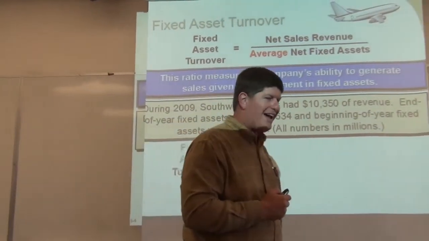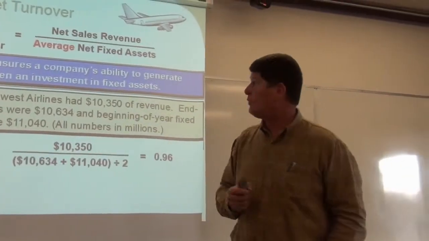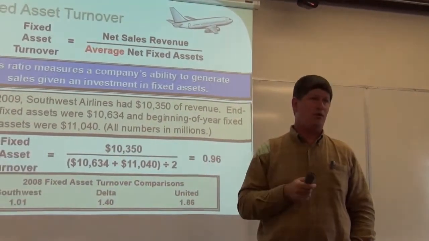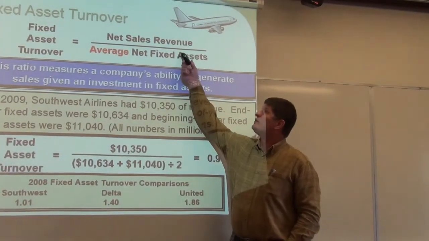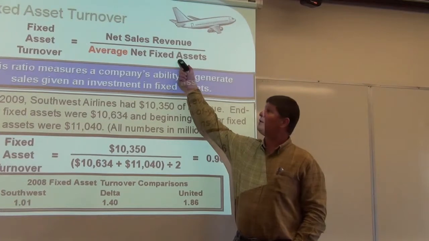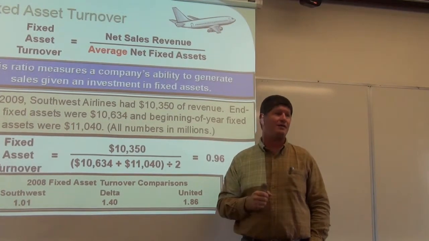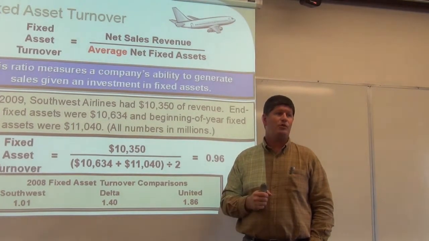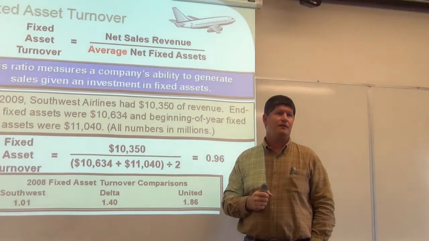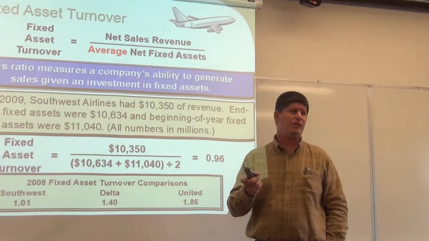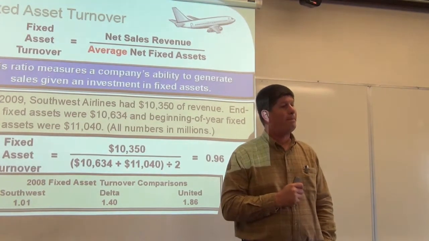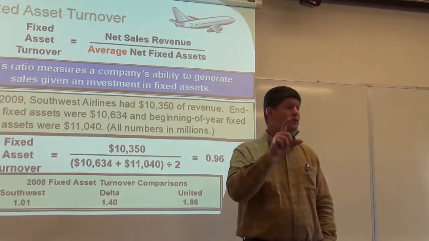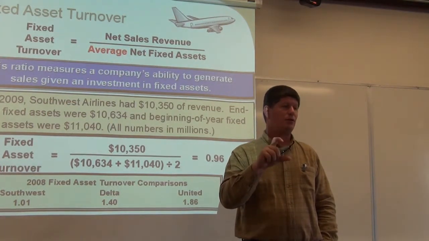So, one of the analytical ratios that I want to focus on, fixed asset turnover, net sales, not gross sales, divided by the average fixed assets. Remember, just like we had average inventory before, beginning plus ending divided by 2 gives you average. Net means gross sales, less discounts, returns, allowances.